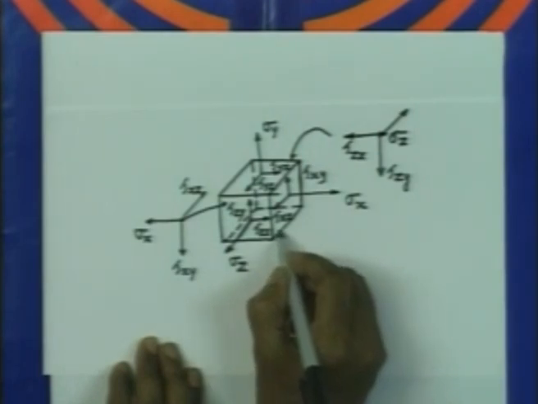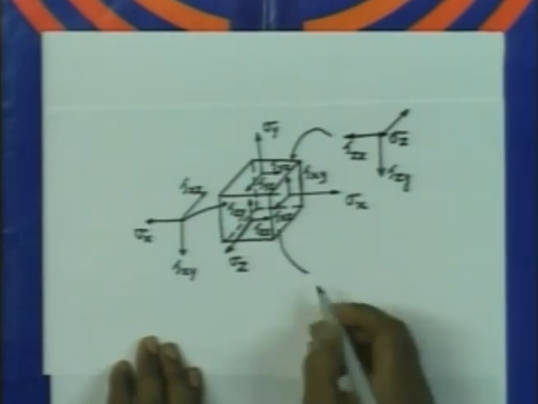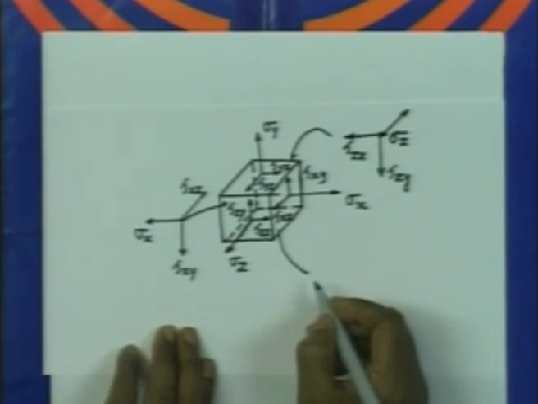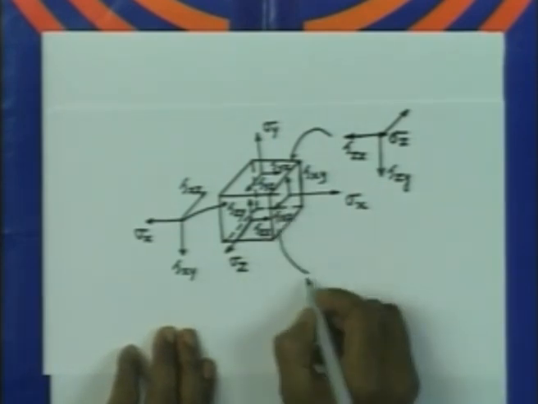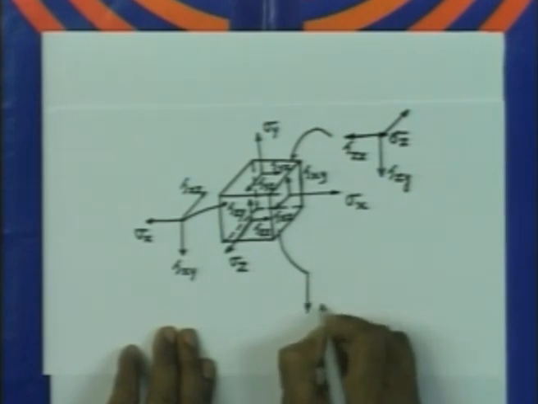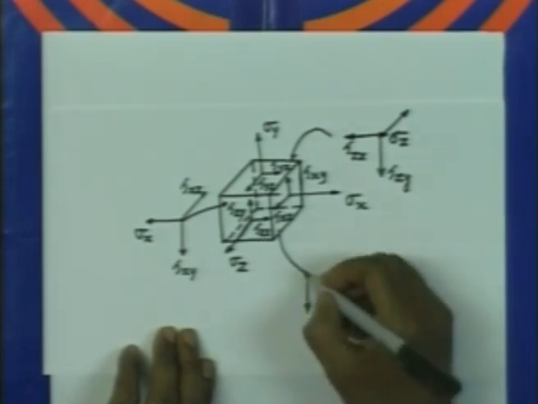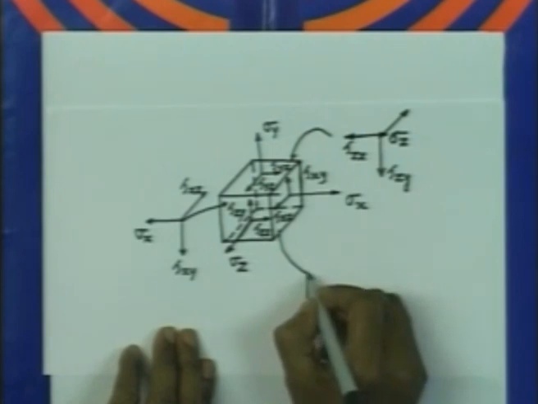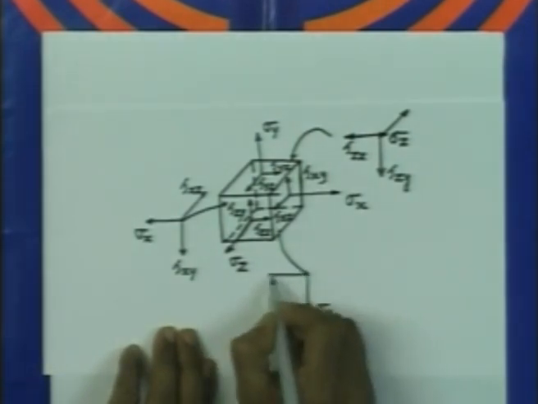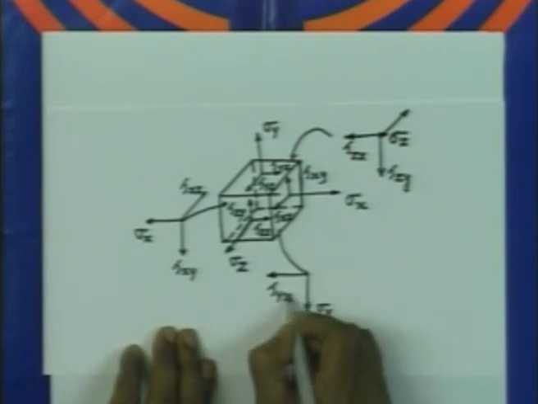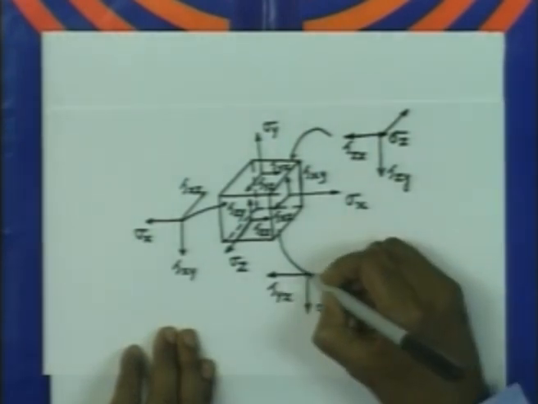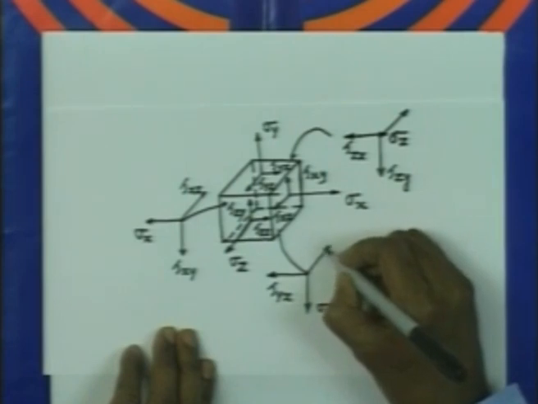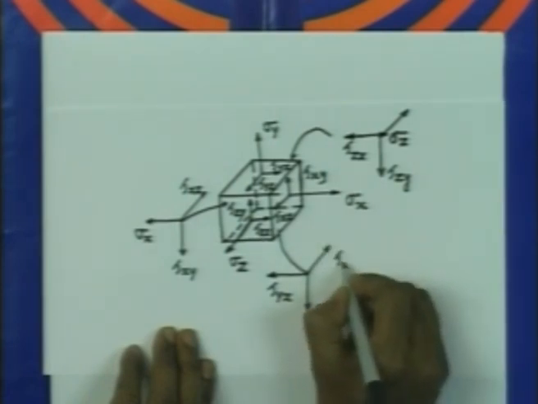And the stress at the bottom surface is going to be again given by sigma y acting in the negative direction, and the shear stress is going to be tau yx, and the shear stress on this face is tau yz.